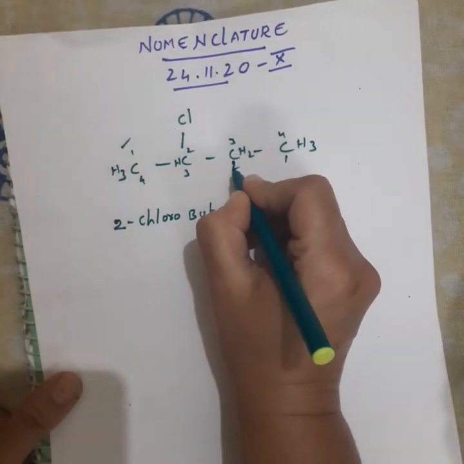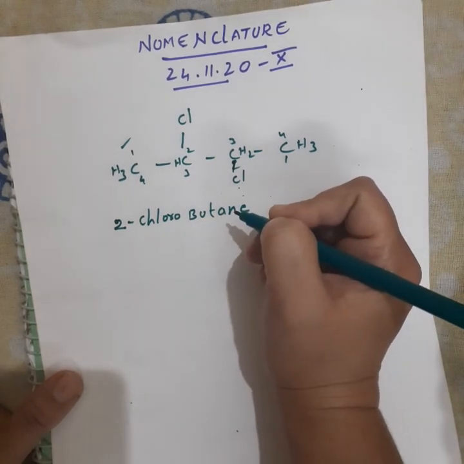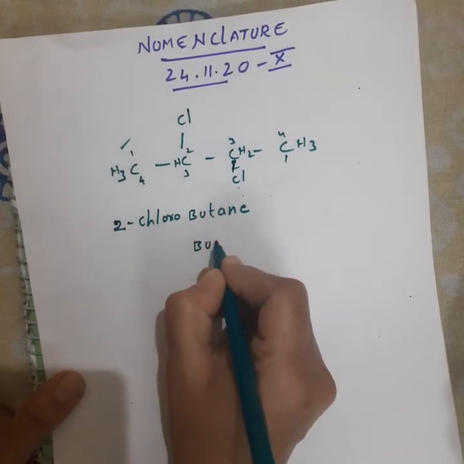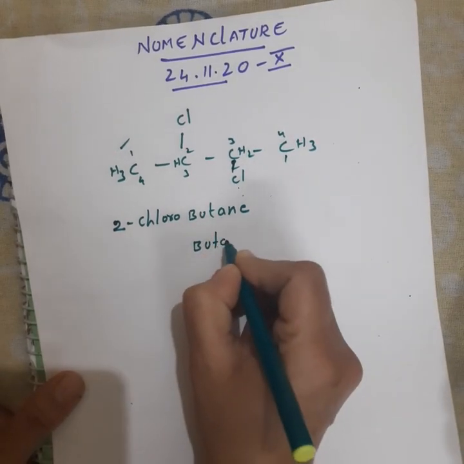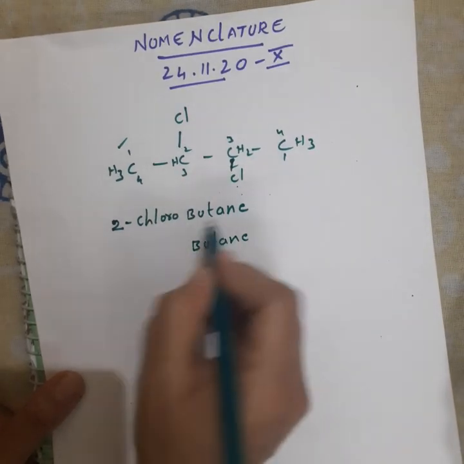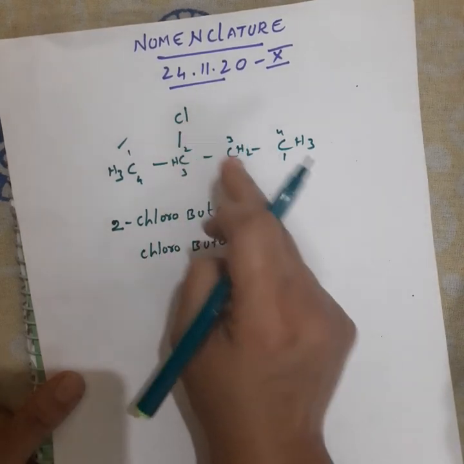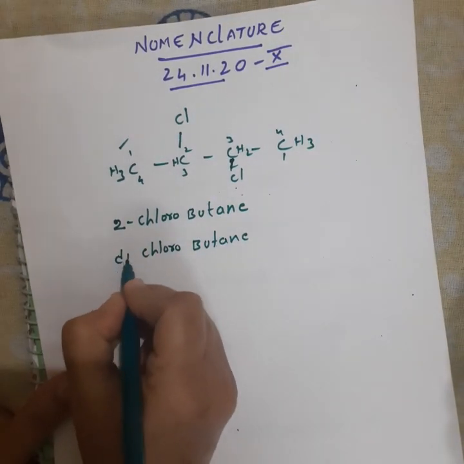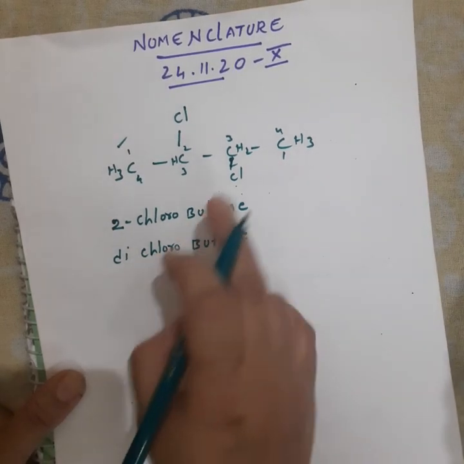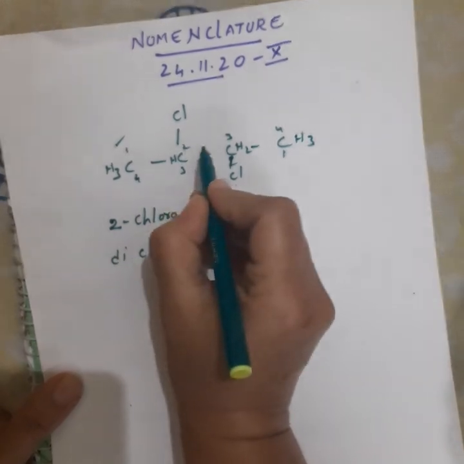Fine. Suppose we have one more chlorine atom attached to this hydrocarbon, let us take it on this carbon. Then again the same rule goes. First the root name or the parent name, but-, single bond, ane. Then the substituents as prefix, that is chloro. Now how many chlorines are there? 2 chlorines, so that's why it is dichloro. But on which carbons are they present? Again we have to take the numbering.